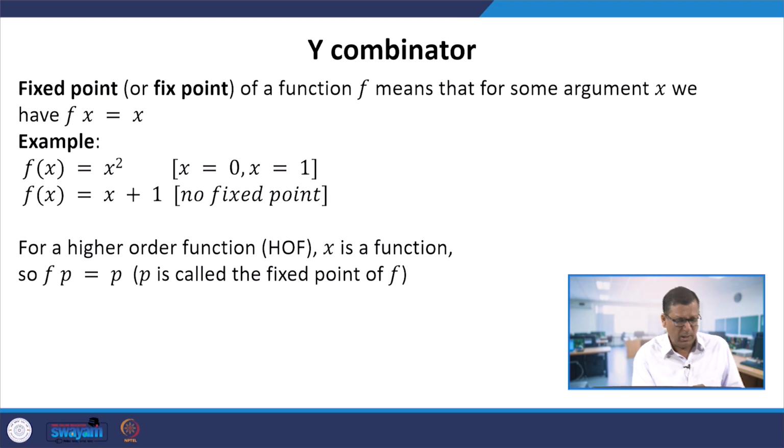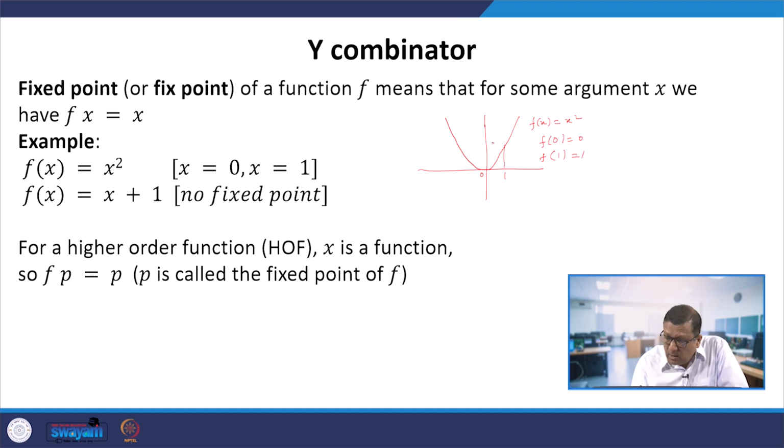For example, if fx is equal to x square, then f of 0 is 0, f of 1 is 1. f of minus 1 is also 1, but f of x is not equal to x, since f of x is 1 and x is minus 1.